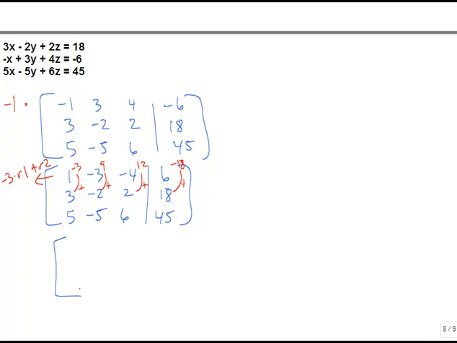So the first row stays put. The new second row becomes -3 plus 3 is 0, 9 plus -2 is 7, 12 plus 2 is 14, negative 18 plus 18 is 0, and I'm not using row 3 yet.